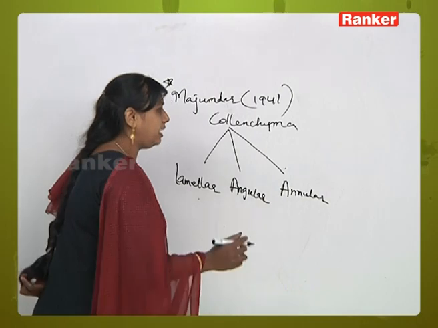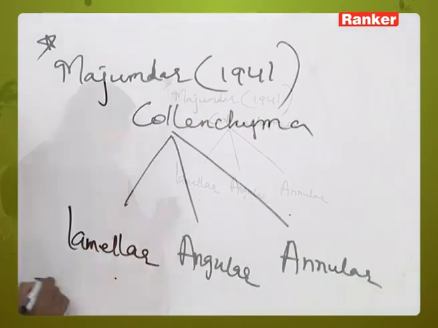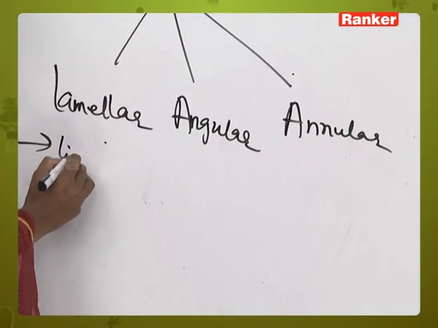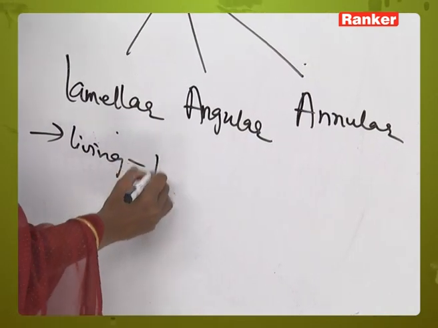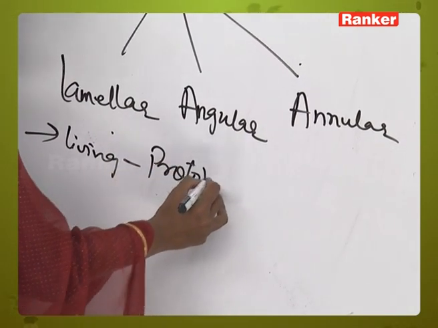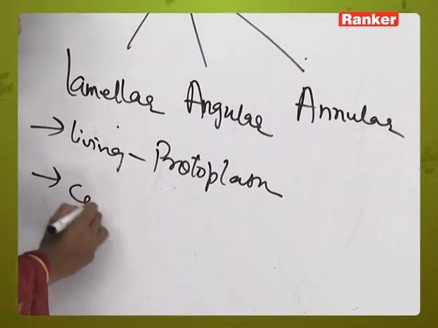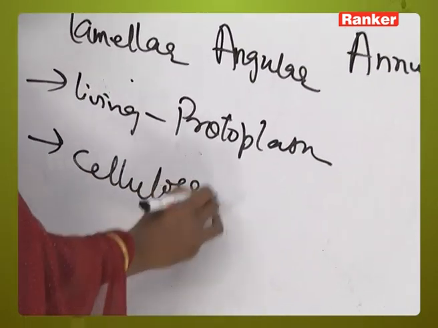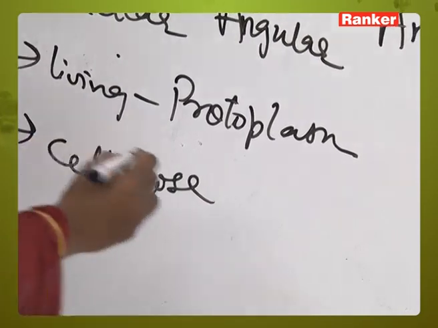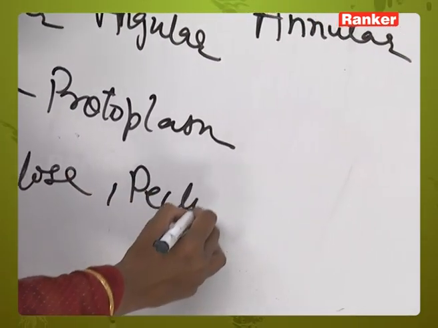Now this Collenchyma tissue contains living cells, so it may contain protoplasm. The cell wall may contain cellulose, and pectin substances may also be present.